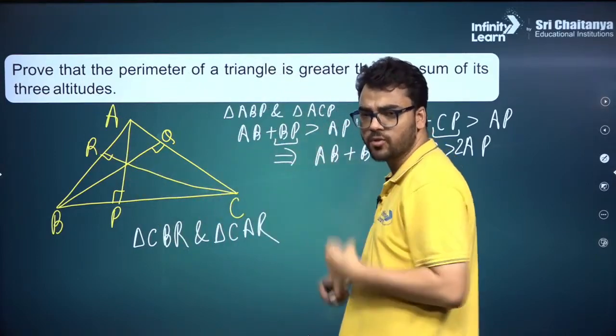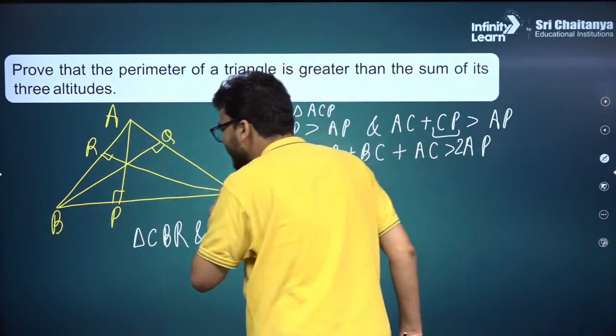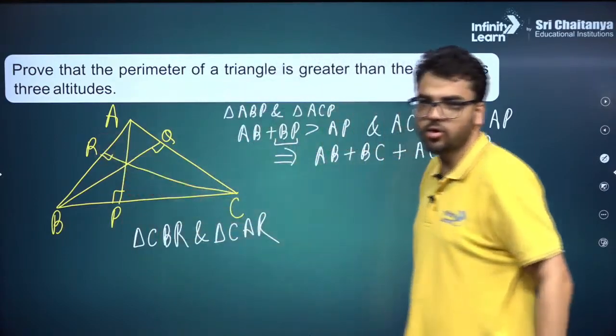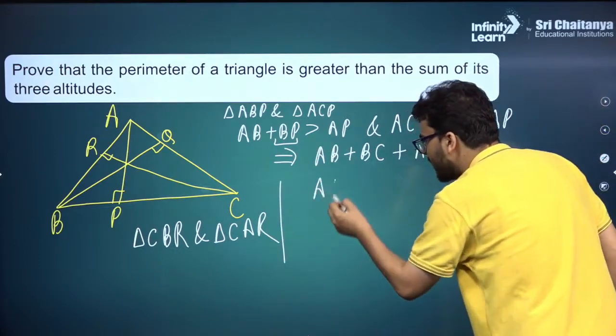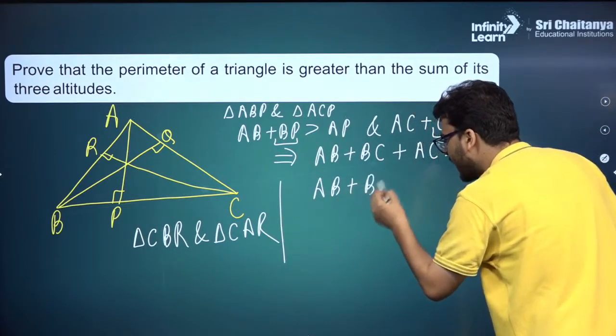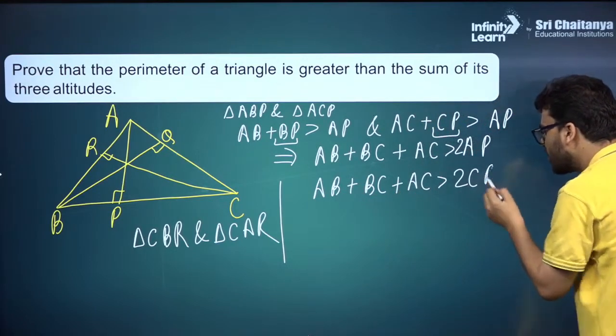When you add those inequalities, what will you get? You will get again AB plus BC plus AC is greater than 2CR. You got that logic or not? Again you will get the same thing.